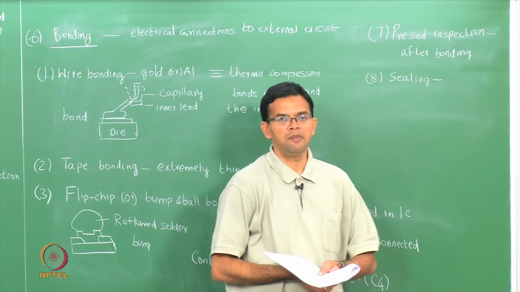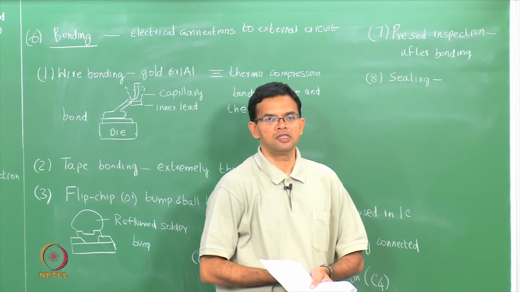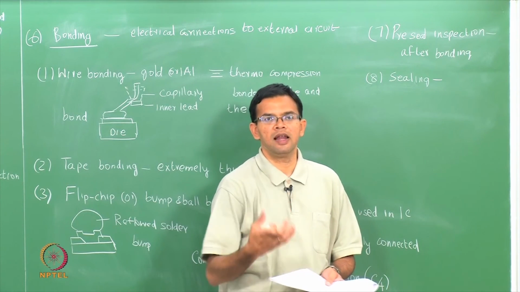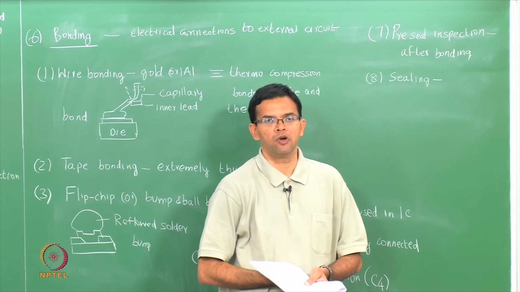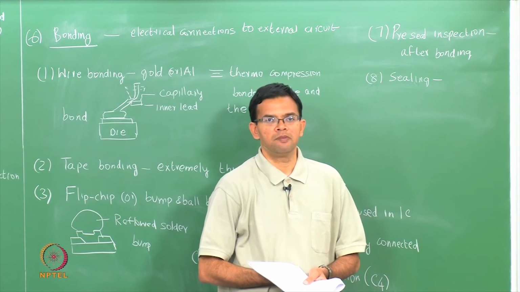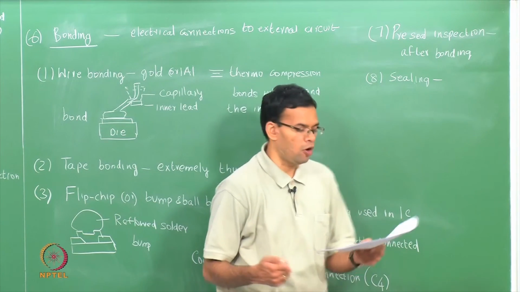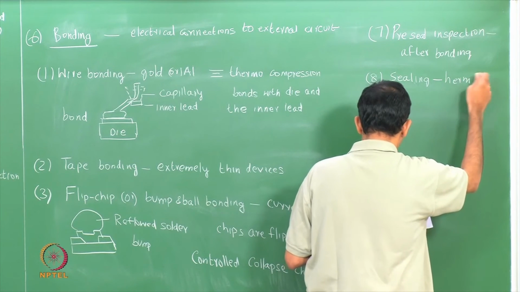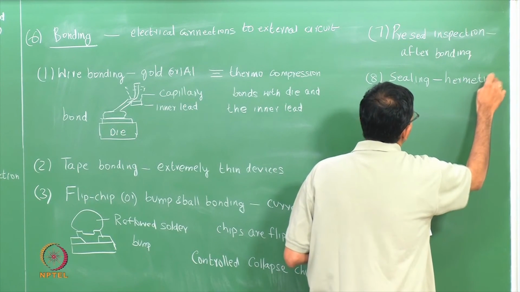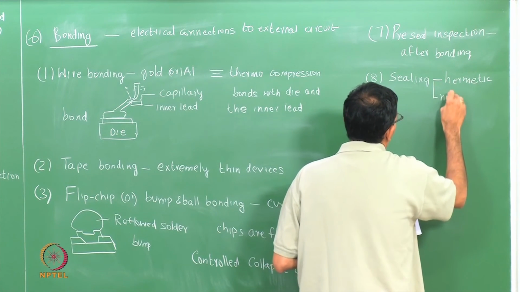Sealing can either be a hermetic seal. In this case you make sure there are no external atmospheres that come into the package. This is essentially important for environmental protection. You can also have non-hermetic seals. So, sealing can be hermetic or non-hermetic.